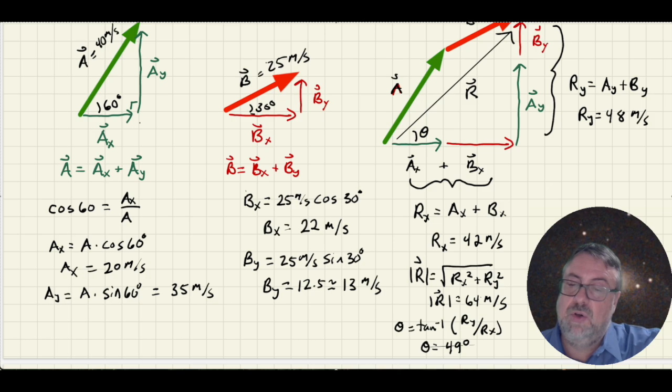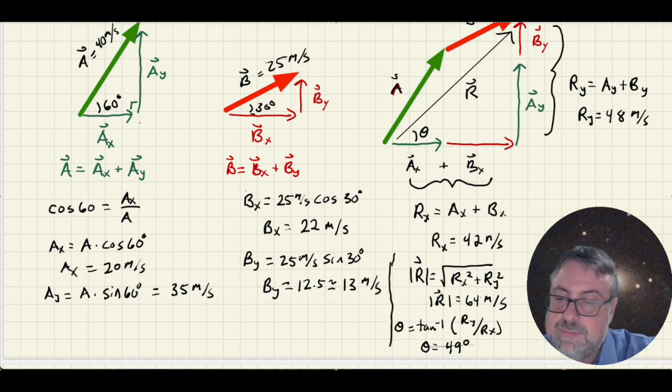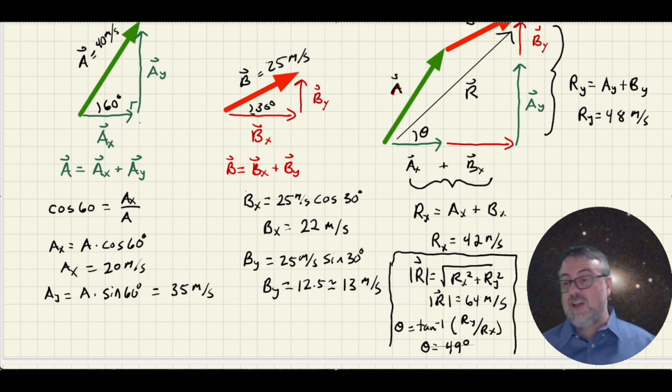All right, so this result is incredibly important, because this allows me to combine any number of vectors using trigonometry to find the x and y pieces of those vectors. And then I can tell you the answer of adding those vectors without worrying about drawing them to scale.